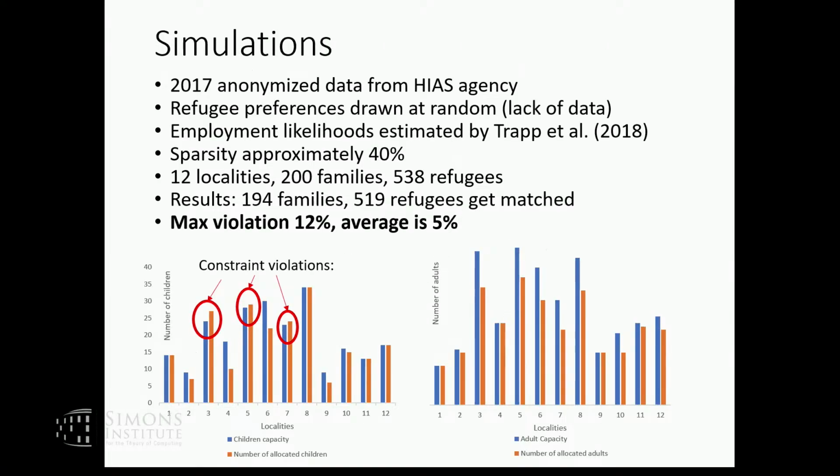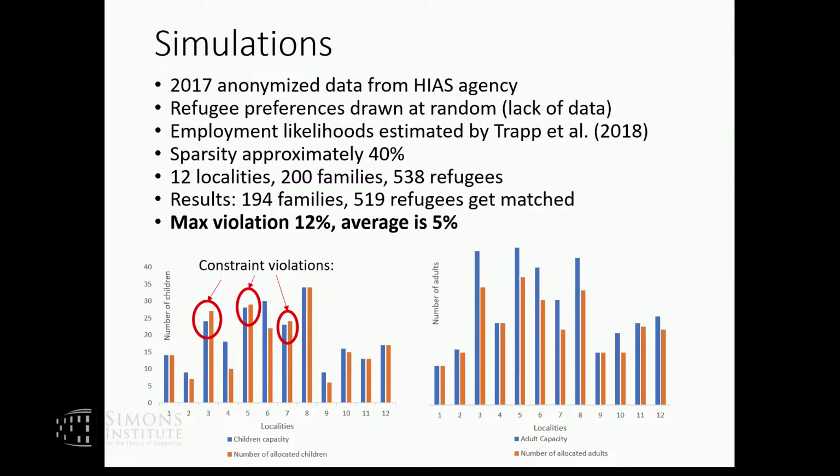It was nice working with Alex because he has data on refugee resettlement, and we ran the simulations, and it turns out in practice it works much better than the worst case. The max violation, especially for the kid constraints, which is probably the most serious one, is 12%, and on average it violates only 5%.